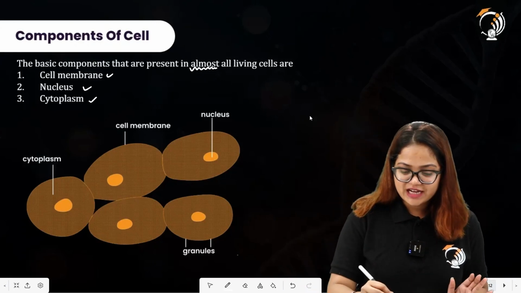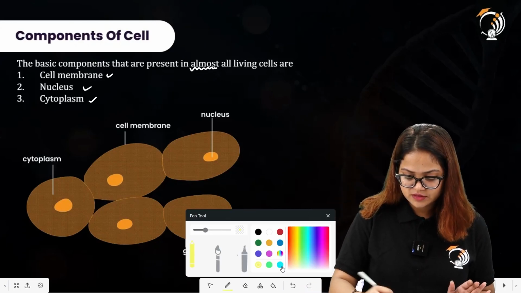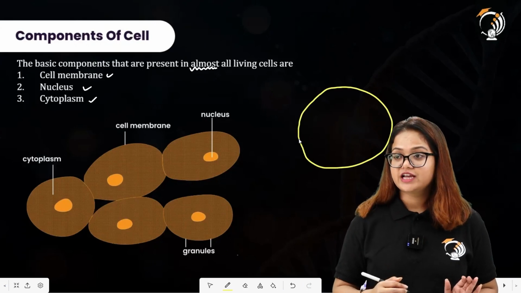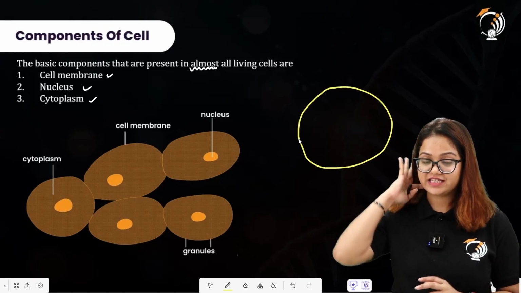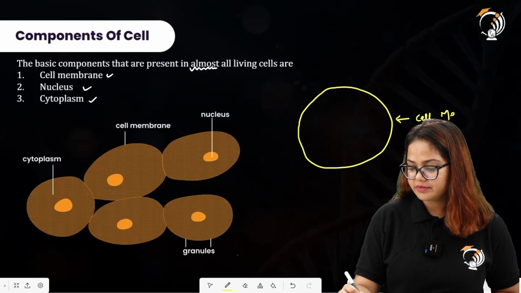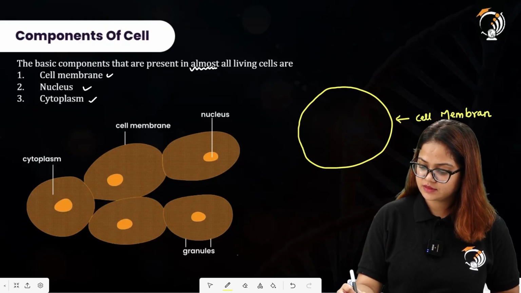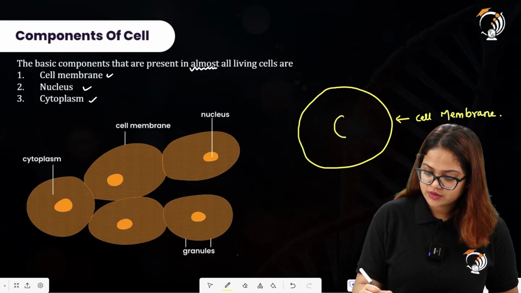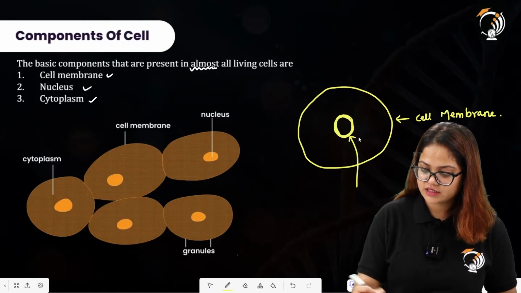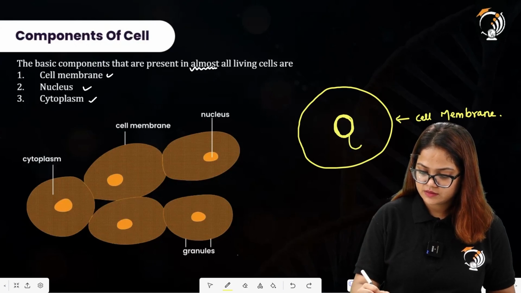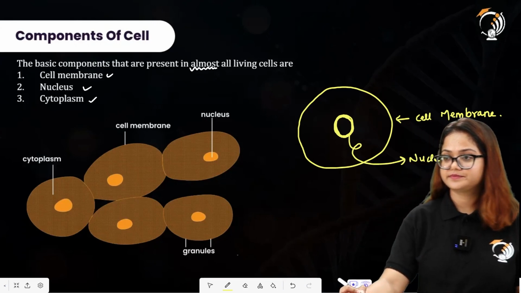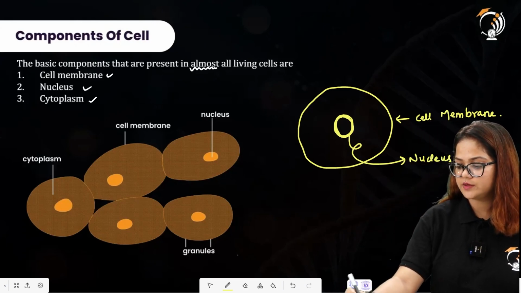So let us draw a cell. While drawing a cell, we will first make a boundary. This first boundary here is the cell membrane. Then we make a round structure over here. This represents the nucleus.